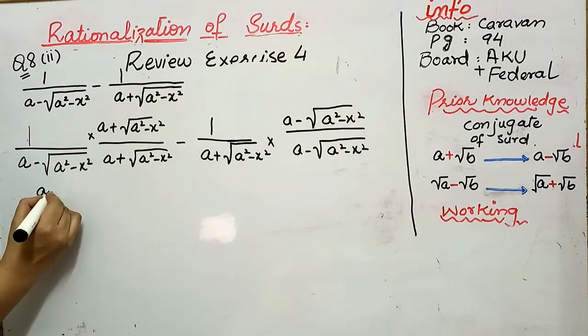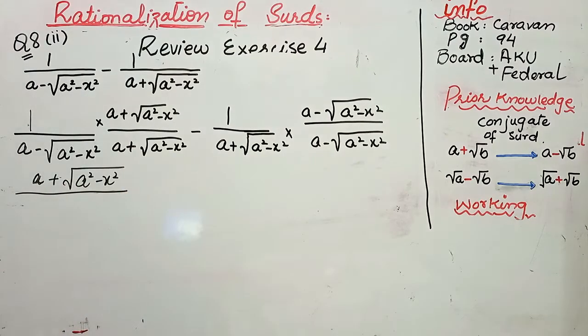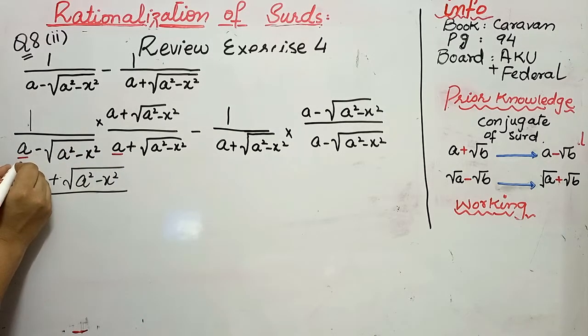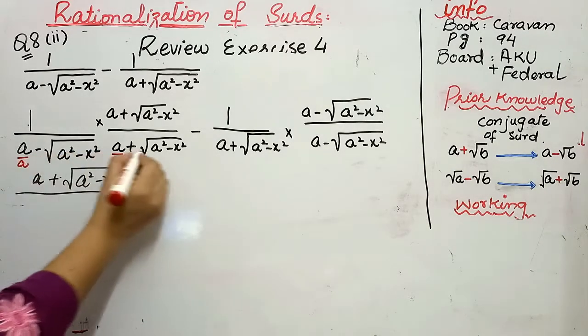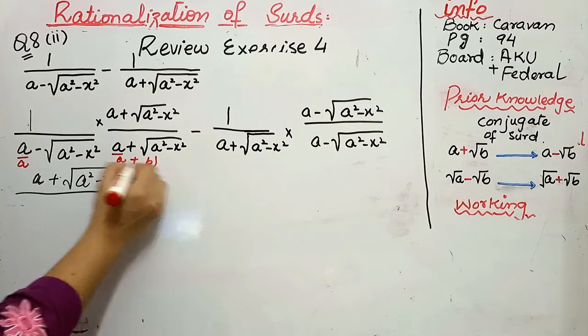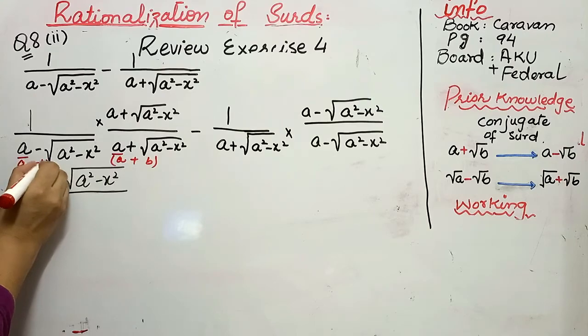The numerator will multiply with 1. In the denominator we have a plus b, a minus b.